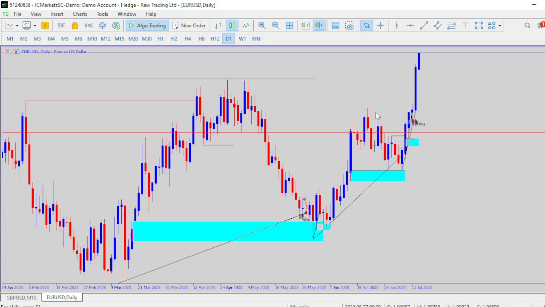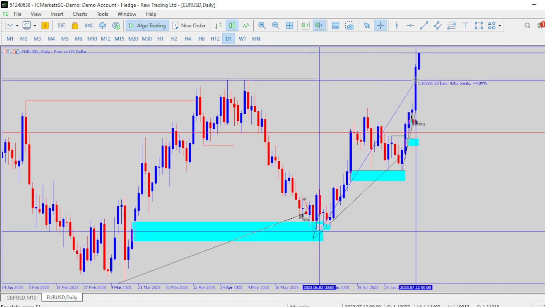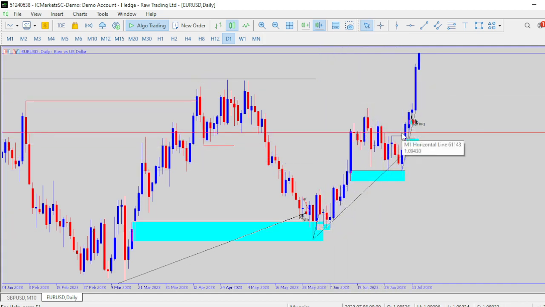And this one is a 4-hour reaccumulation, you see. And after this reaccumulation, we have this M30 internal structure, of which the price tends to complete that move very fast. You see, from this low to this high, 27 bars, because of this 4-hour reaccumulation.